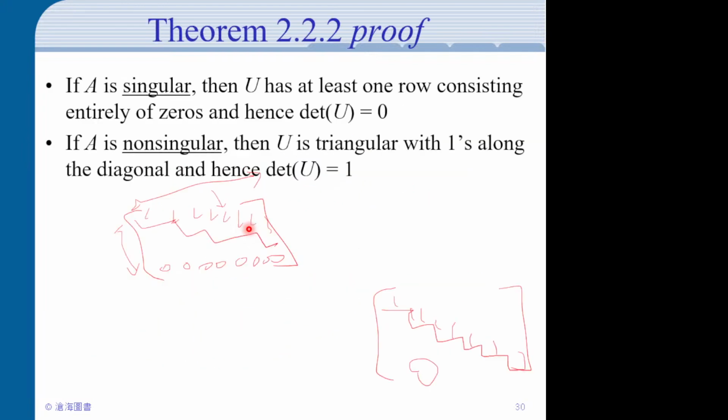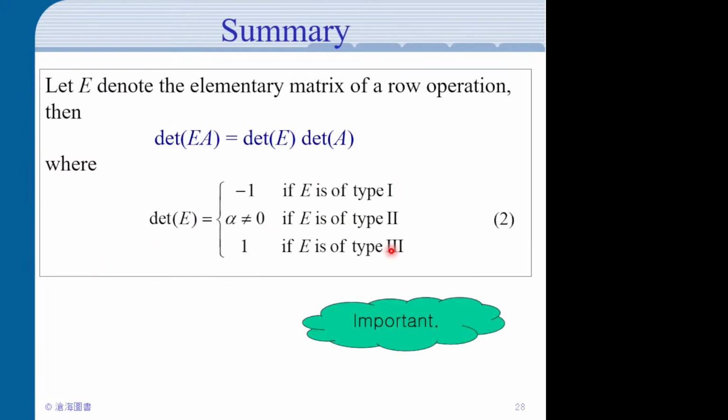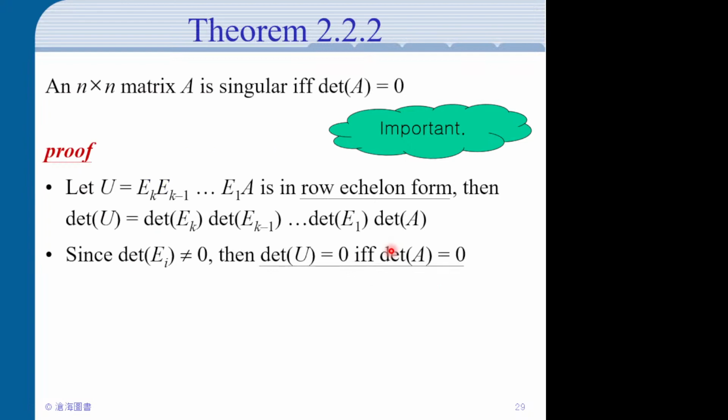From knowing how the elementary operations work, we prove the theorem. The most important theorem in this chapter is that A is singular if and only if the determinant of A equals 0.